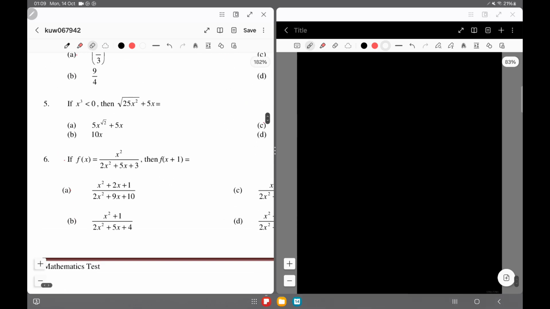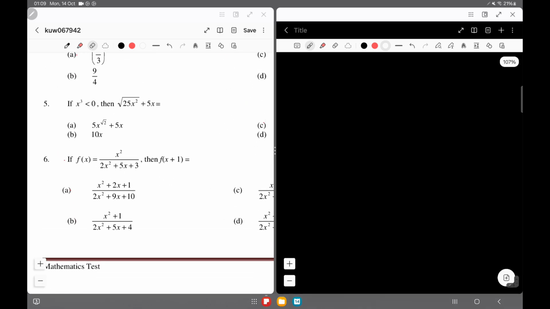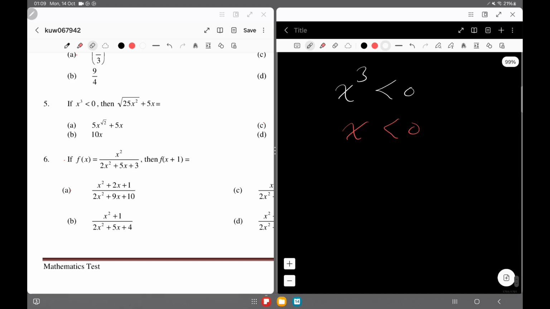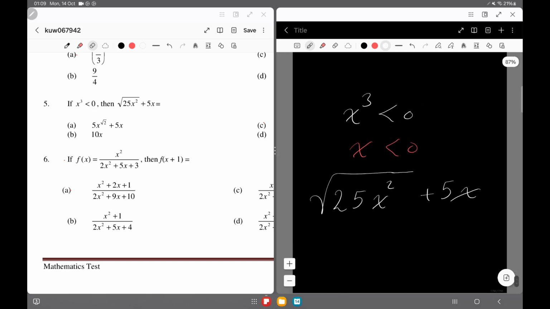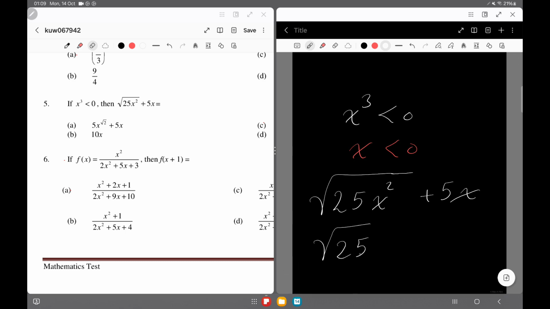Next question, number 5. If x cubed is less than 0, what does that mean? That means x is less than 0. I will consider the value of x as negative numbers, okay? So we will see the expression 25x squared plus 5x. We will separate it: the root of 25 times x squared, plus 5x. What is the root of 25?